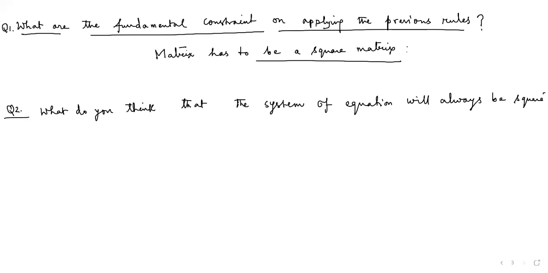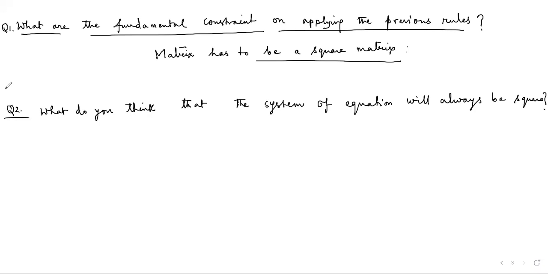Yes or no? When we say that the matrix is a square matrix, that means what? The number of variables and the number of equations are the same. Then only the matrix is a square matrix.